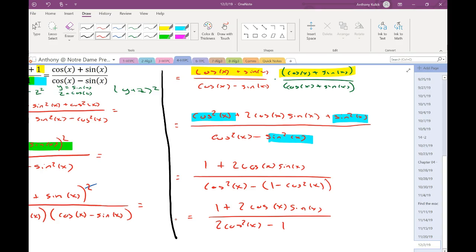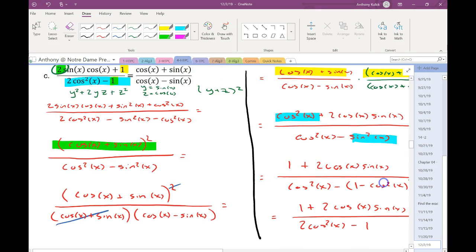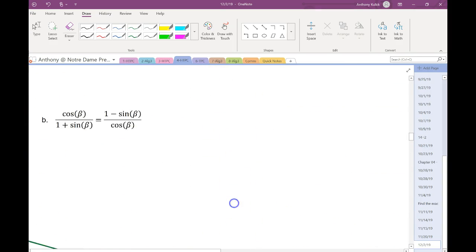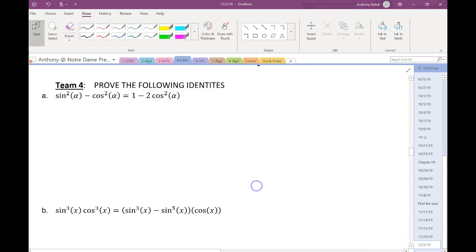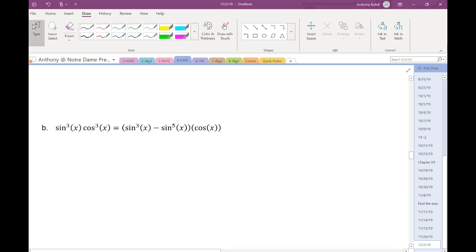Juliana? 4B? Okay. Which side did you want to work on, Juliana? Colette? Sure. The right side, okay. What did you do first on the right-hand side? Good. Then you should have gotten the right answer.